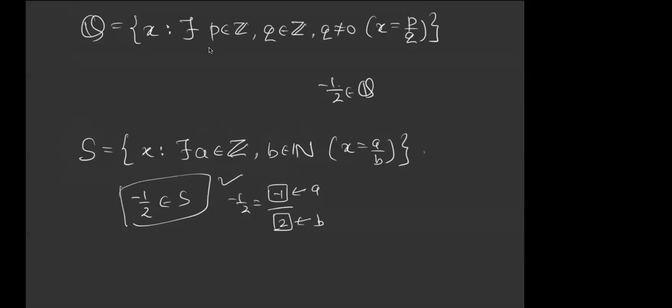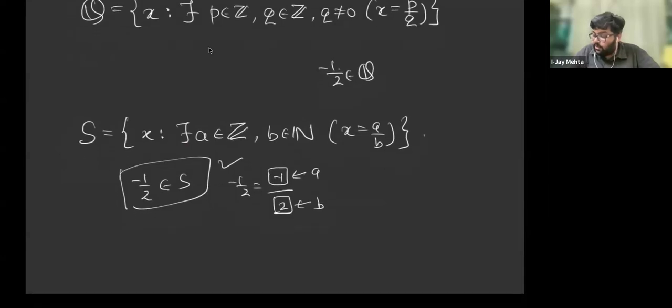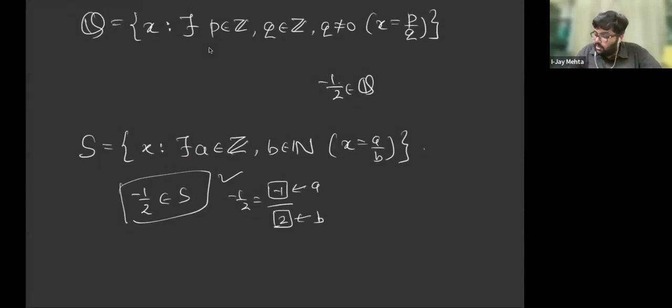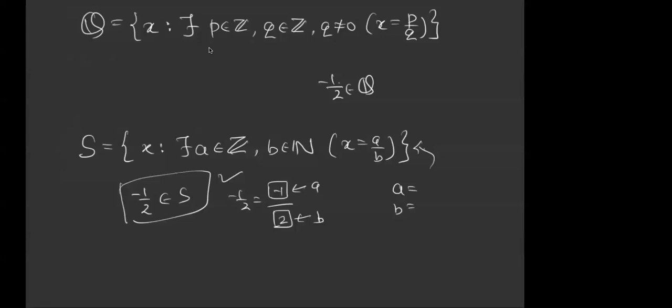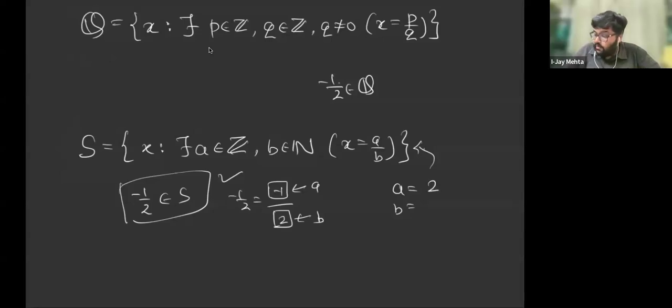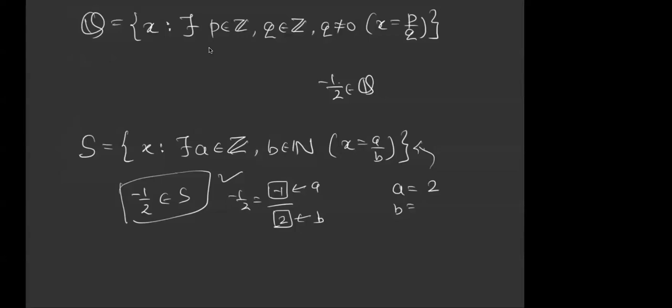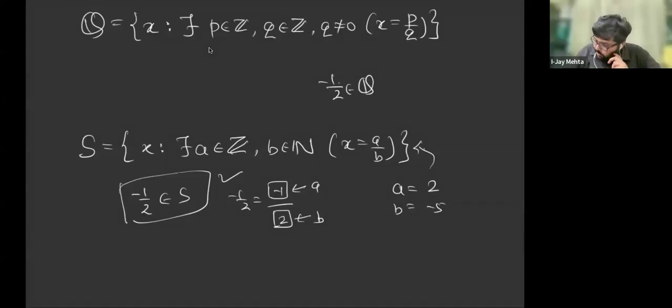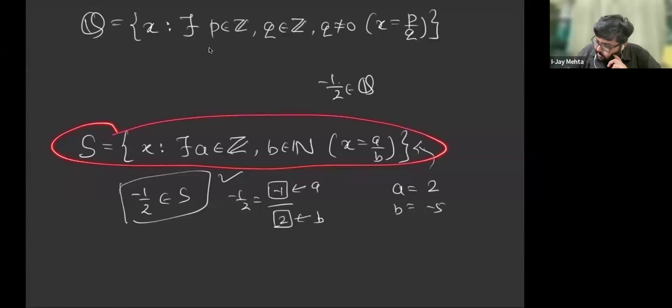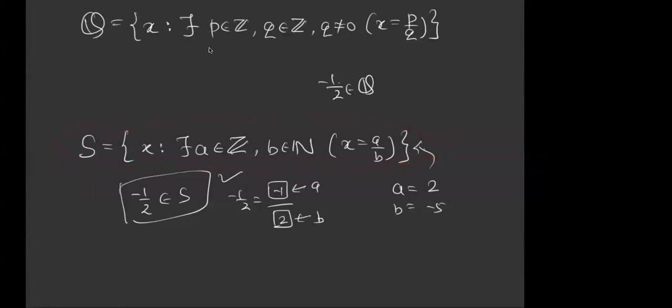When B takes the value -2, then it will be 1 by 2, that will be in Q also. Okay. So can you give me an element? What do you take for A and what do you take for B in S? Tell me. No problem, whatever idea you have, I will check. You just give me an element. Okay, sir. A is equal to 2, B is equal to -5. Okay. Good. But I am asking for an element in S. Is it in S? Okay. Is it in Q?